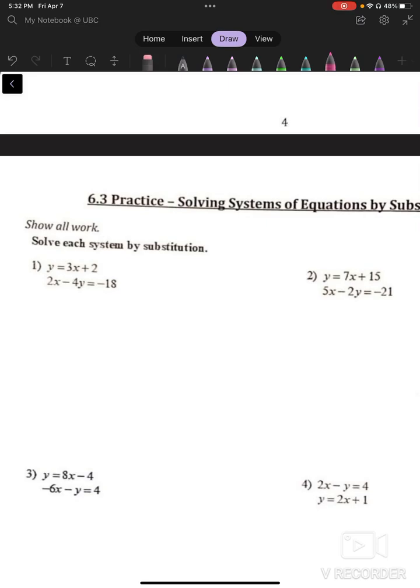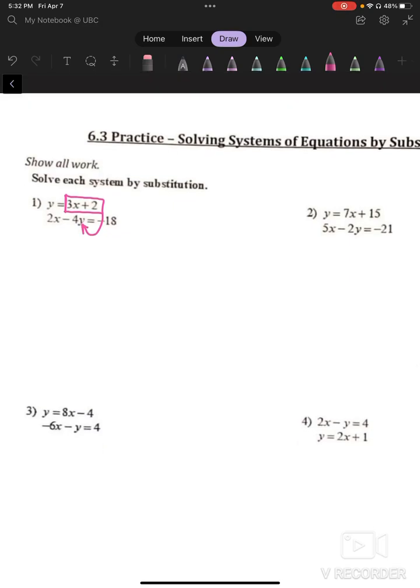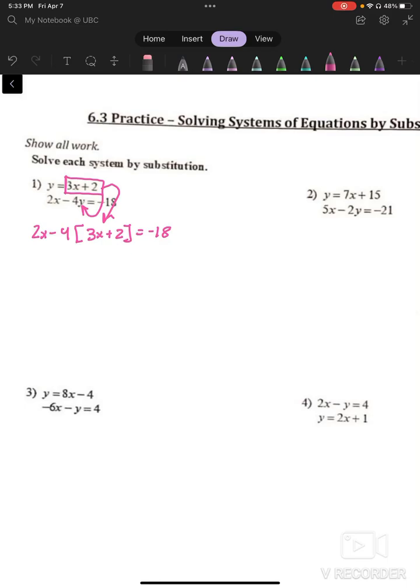So here they have y equals 3x plus 2. You would substitute this 3x plus 2 in for the y on the second equation. So 2x minus 4 times (3x plus 2) equals negative 18. Now you can solve for x.